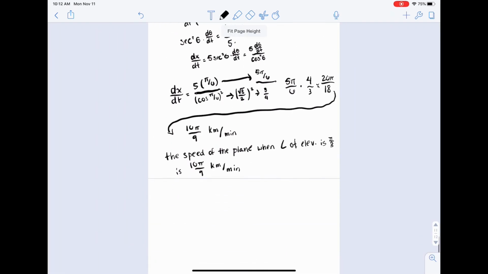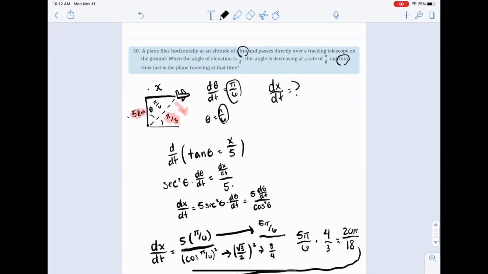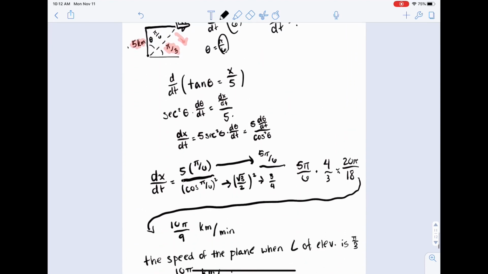So that's it. That's our answer right there. Solved that equation pretty quickly.